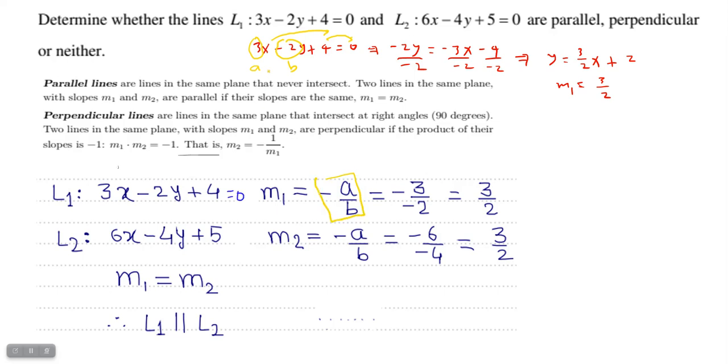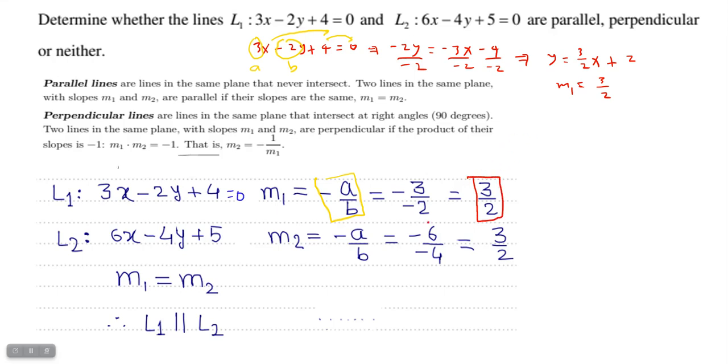So you will get negative 3 divided by b, which is negative 2, and so you will get the same answer, the slope of the first line as positive 3 over 2.